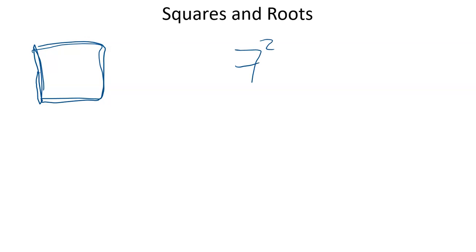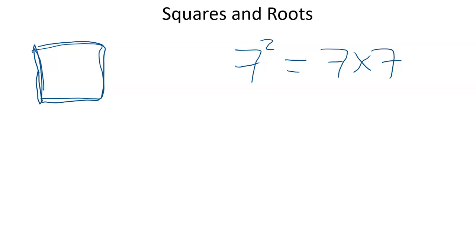Now, obviously, a square, I don't want to be pedantic, a square is a shape, yes, and squaring as a number thing is related to squares as a shape thing, but squaring in terms of numbers means timesing by itself. So 7 squared means 7 times 7.